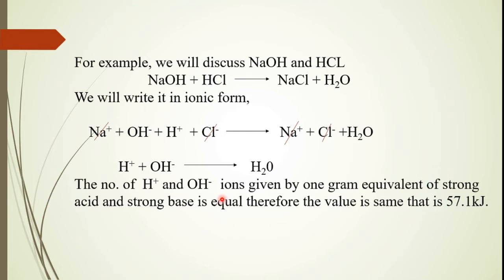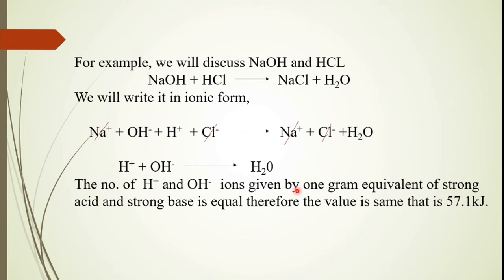As we have said in the definition that 1 gram equivalent of strong acid and strong base will produce the same number of H+ ion and OH- ion. So whatever the H+ ion and OH- ion that react with each other will be same for 1 gram equivalent of the strong acid and strong base, and therefore the value is same, that is 57.1 kilojoule.